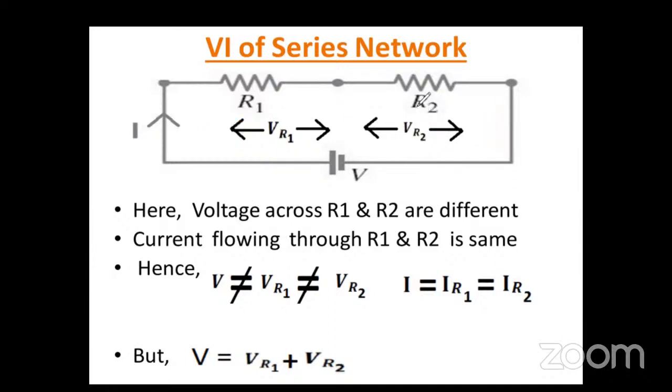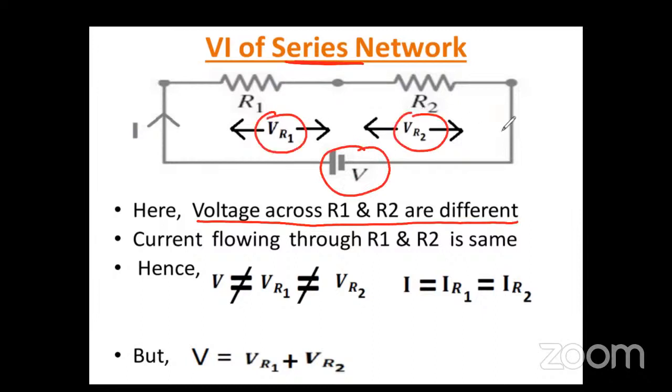Now one more point. Whenever the circuit is series, अगर सर्किट series में होगा, then the voltage across R1 and R2 are different. मतलब जो total voltage है V, जो VR1 है and this VR2, all are different. एक condition है जहां पे same हो सकता है, लेकिन वो छोड़ दो, exceptional case है। So for the series network, voltages are different. मतलब total voltage and individual voltage are different.